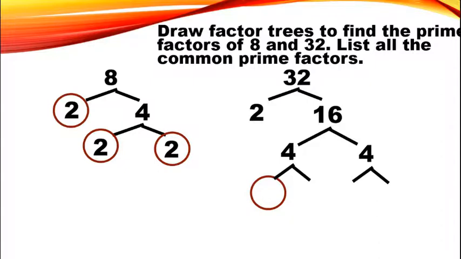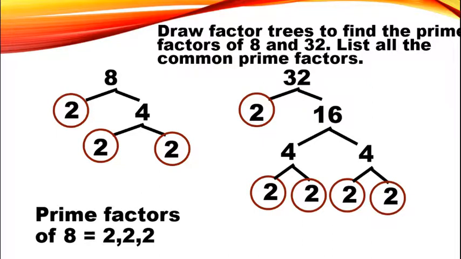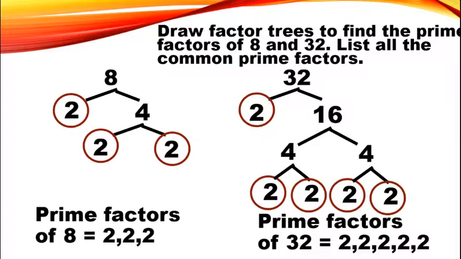Each 4 can be multiplied as 2 times 2, so all of them are prime factors. So we can see that the prime factors of 8 would be 2, 2, 2, while the prime factors of 32 would be 2, 2, 2, 2, 2.